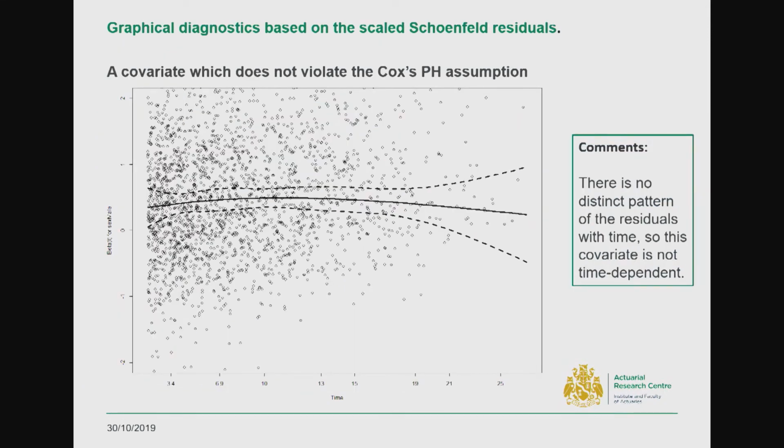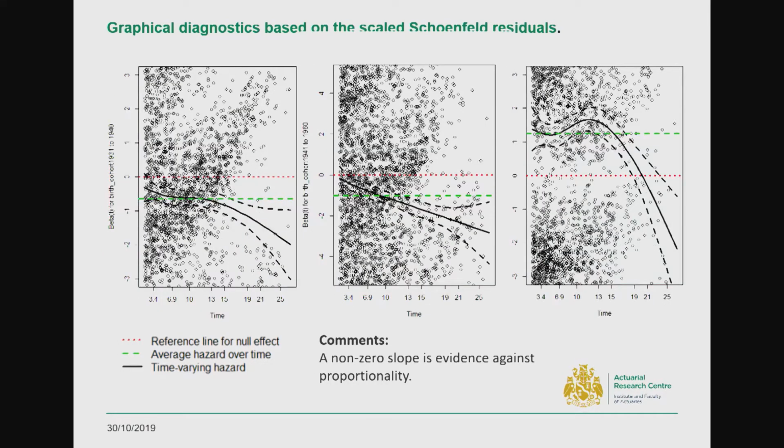So then I proceeded with a graphical diagnostic of this Grambsch and Therneau test. Now, this one is showing no distinct pattern. In the next slide I'm showing you how the covariates that are violating the Cox proportional hazard assumption are behaving. As you can see, there is a distinct pattern with time going on.